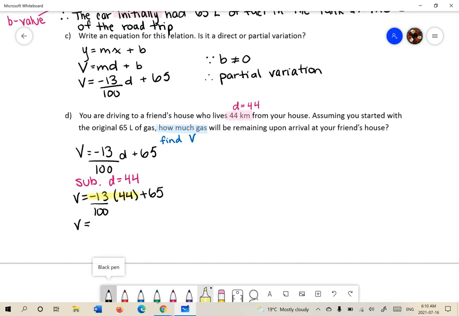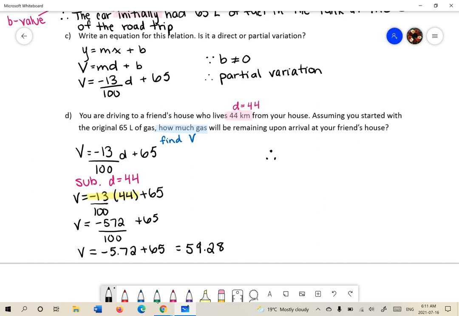Negative 13 times 44 is negative 572, and we're dividing that by 100, and then we'll add 65 to it. Negative 572 divided by 100 is negative 5.72, plus 65 is equal to 59.28.